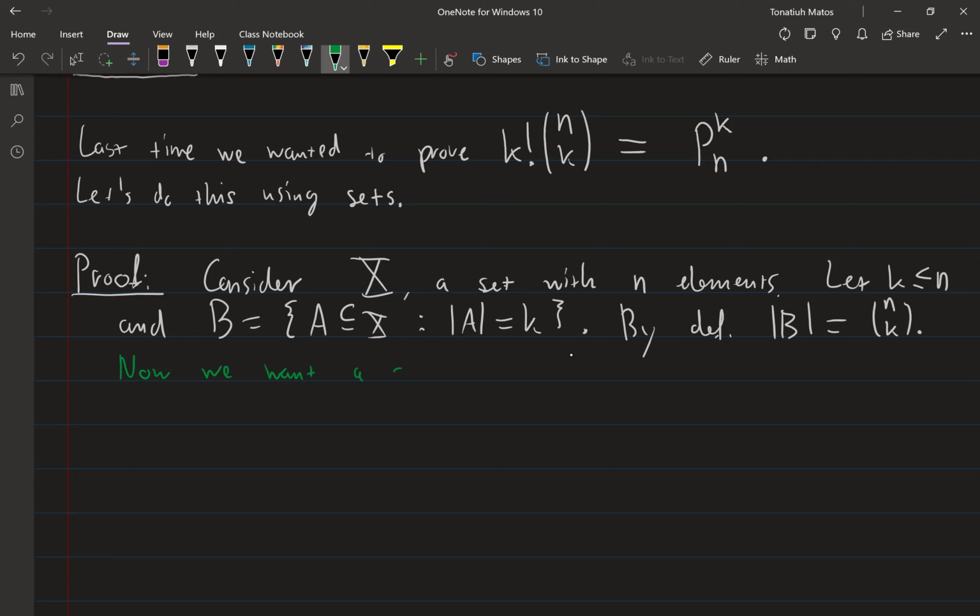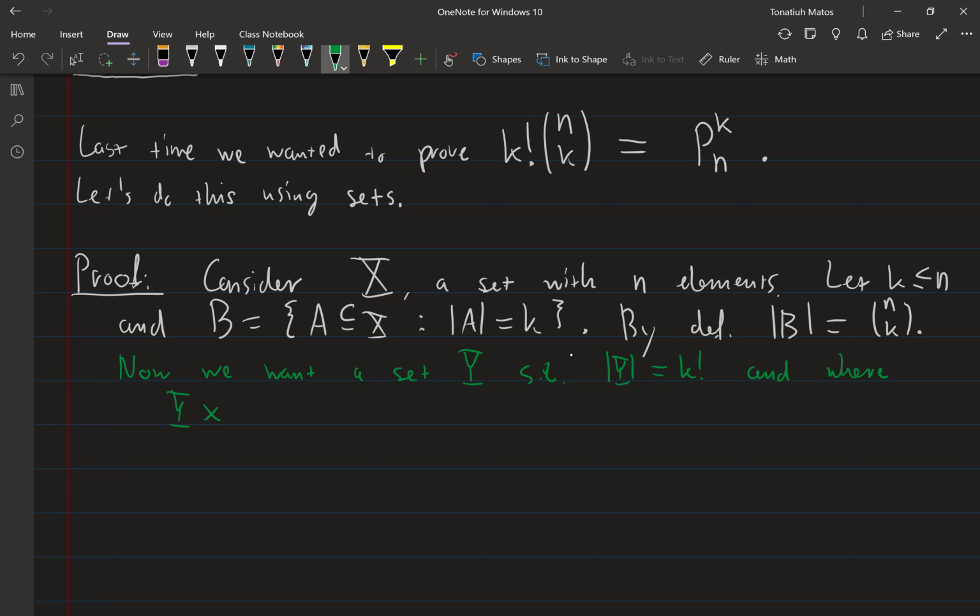Now we want to set Y, let's say, such that Y has size k factorial, and where this product makes sense, right?